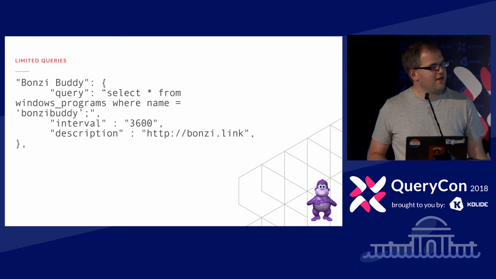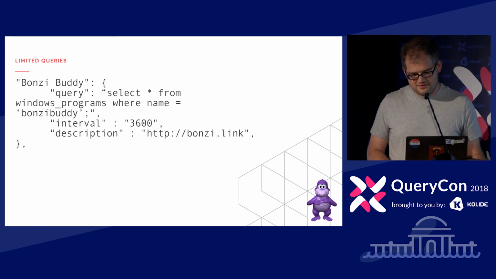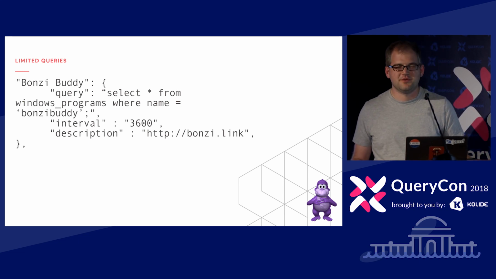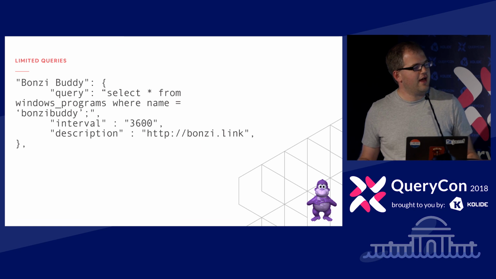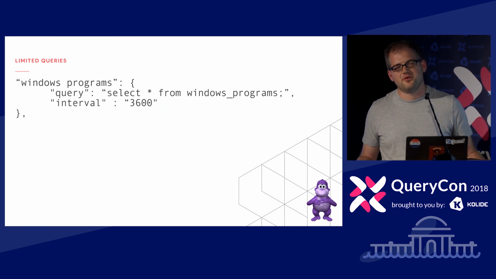However, do we really need to do this? Could we just write a general query that just queries Windows programs and reports those always? And we could. So this is going to report more data, and it's going to report every Windows program on your machine.